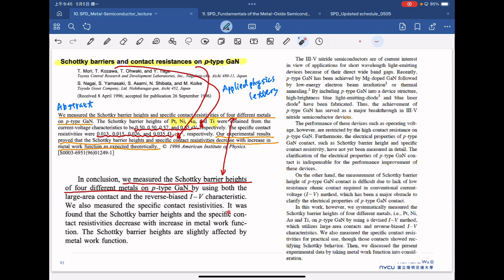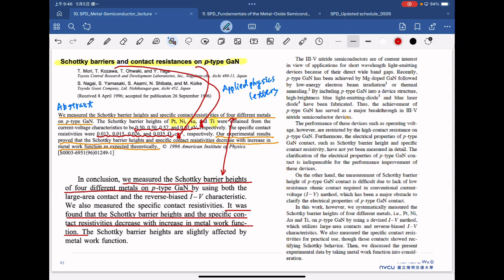And the conclusion here is that the Schottky barrier height and specific contact resistance decrease with increase of metal work function.